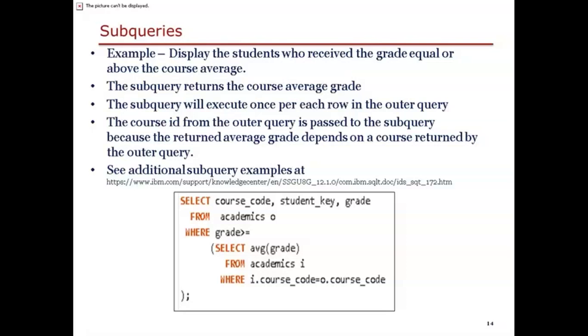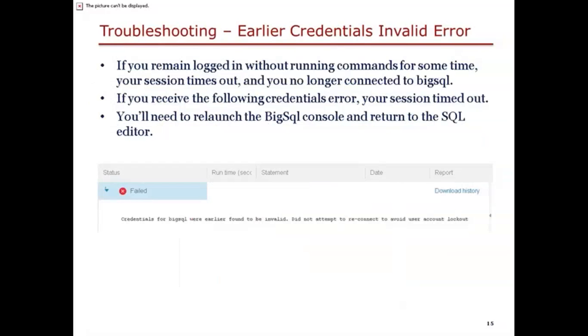Right. So let's go here, and this is a troubleshooting. So if you get this error message, it means that your session timed out. Like, okay, you started working on your assignment, and then your friend calls you, and you spend half an hour on the phone. Just an example. When you come back to do your work, you're trying to run a query, and you're going to get the credential error. Why?